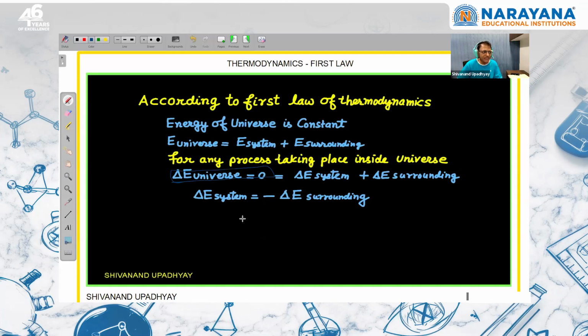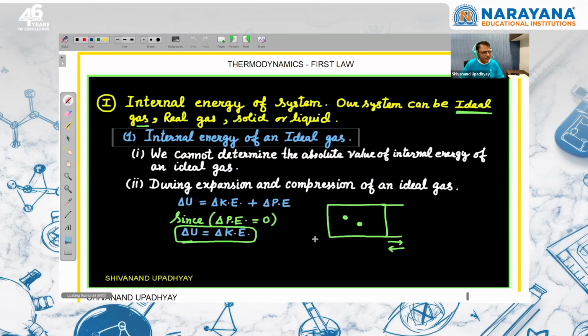So for any process, we can say that the change in internal energy of the system or total energy of the system is minus times the change in total energy of the surrounding. So in our case, I should write that change in internal energy of the system is minus times the change in internal energy of the surrounding.